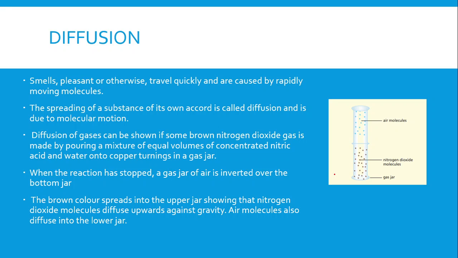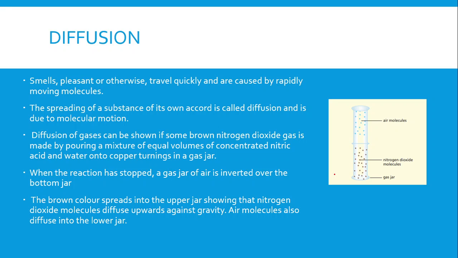Okay, the concept of diffusion. Smells, pleasant or otherwise, propagate through the whole air or the place that you're sitting in. The particles of that perfume propagate in the form of diffusion, which is like filling up space and moving to other parts of the container.